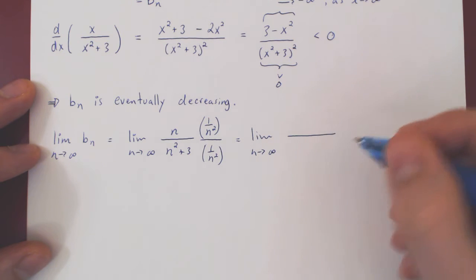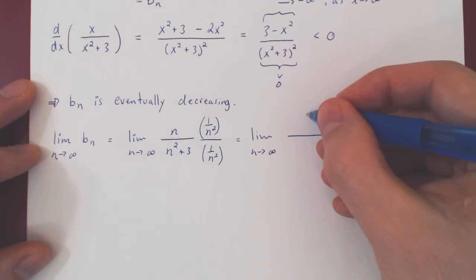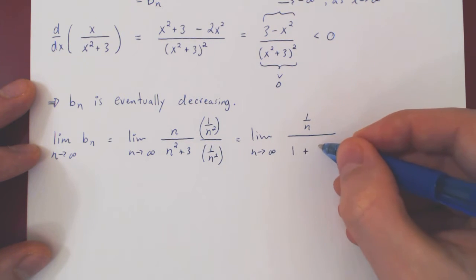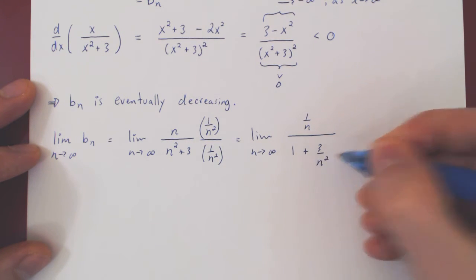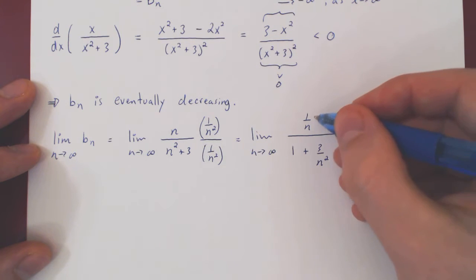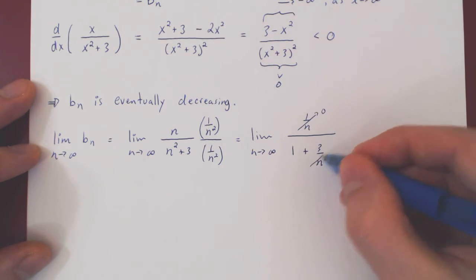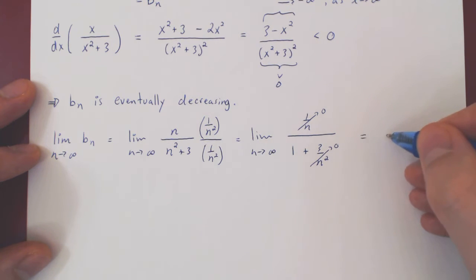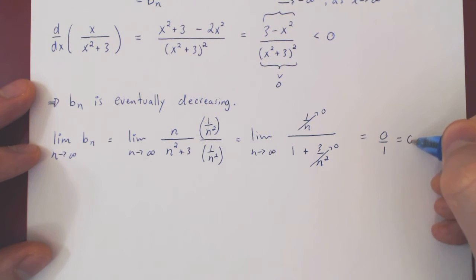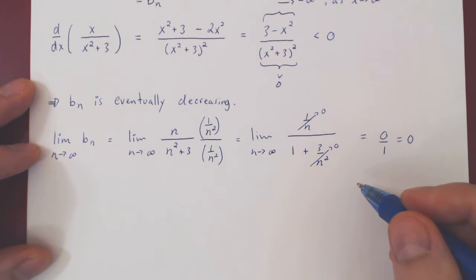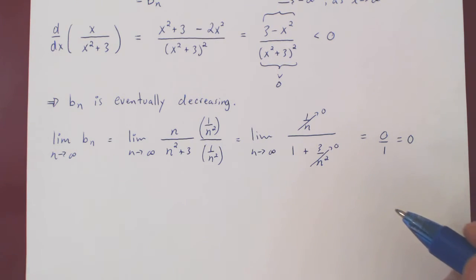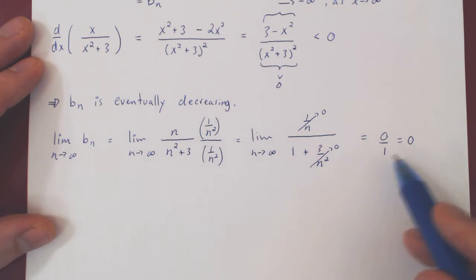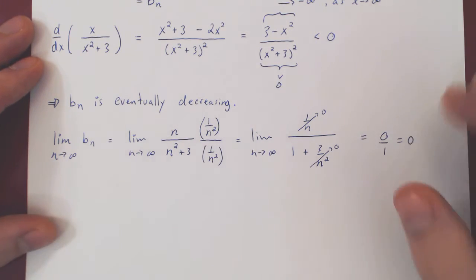And so what do we obtain? Well, n over n squared is 1 over n. N squared over n squared is 1, plus 3 over n squared. So as n tends to infinity, 1 over n shrinks to 0, 3 over n squared shrinks to 0, and we're left with 0 over 1, which is clearly 0. So Bn satisfies all the conditions of the alternating series test. It is positive, eventually decreasing, and converges to 0 as n tends to infinity.